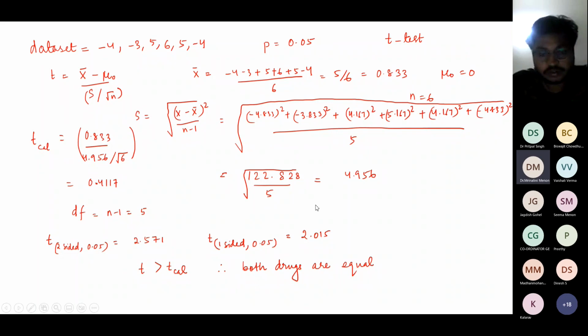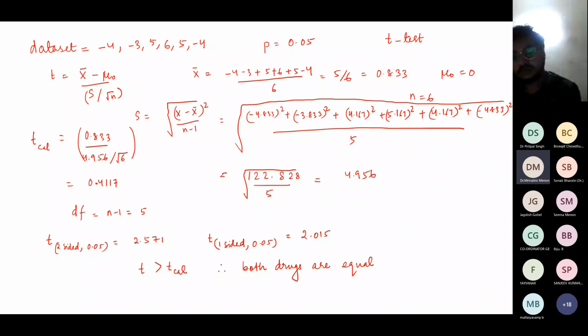Suppose we have a situation where the null hypothesis can be retained in one tail but cannot be in the other, so they give different answers. Like it could be retained in one tail but not in two tail, or vice versa. If we have that kind of scenario, then what would be the answer?